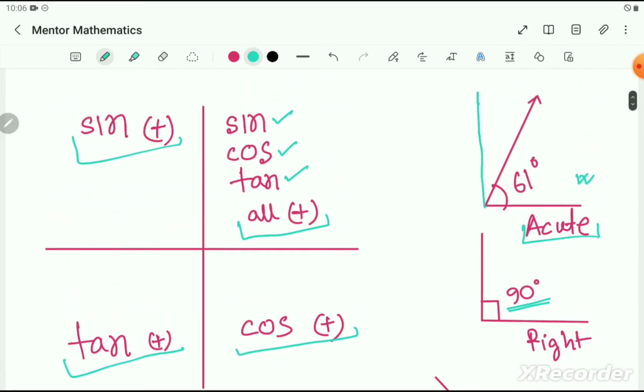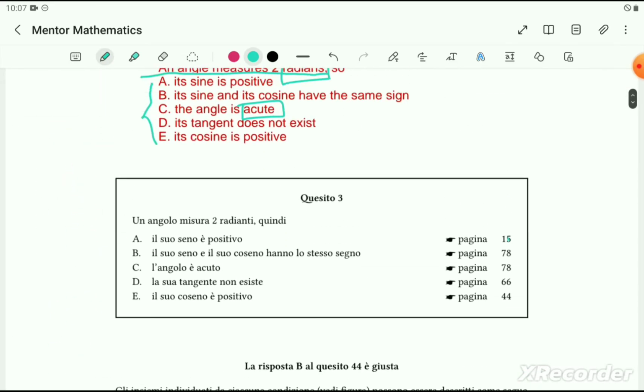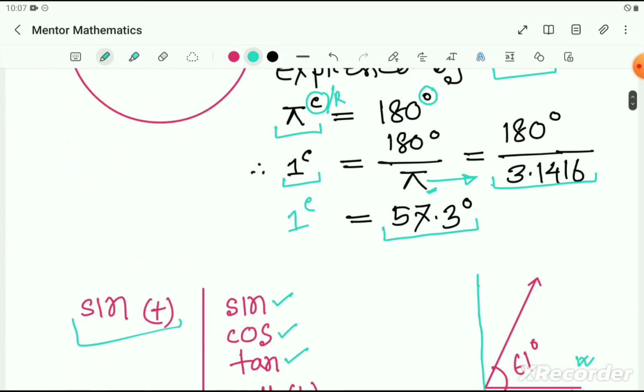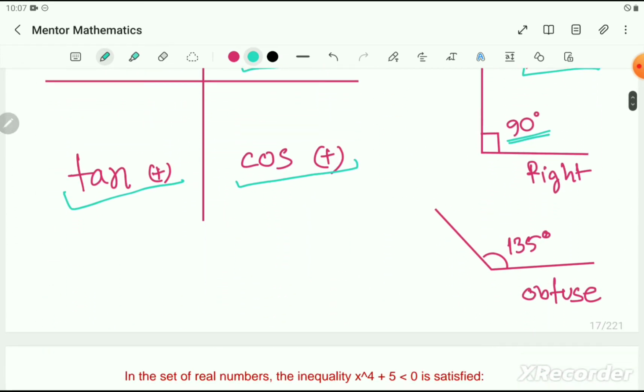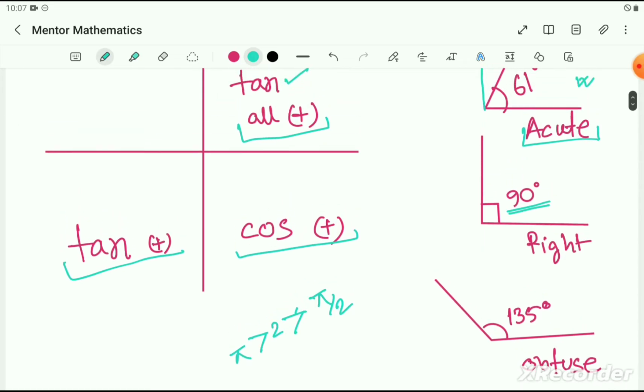In this particular problem it is told that an angle measures 2 radians. So the value of the angle is 2 radians. So 2 radians is actually greater than pi by 2 and less than pi. We can write it this way, right? That means what is the quadrant of 2 radians?